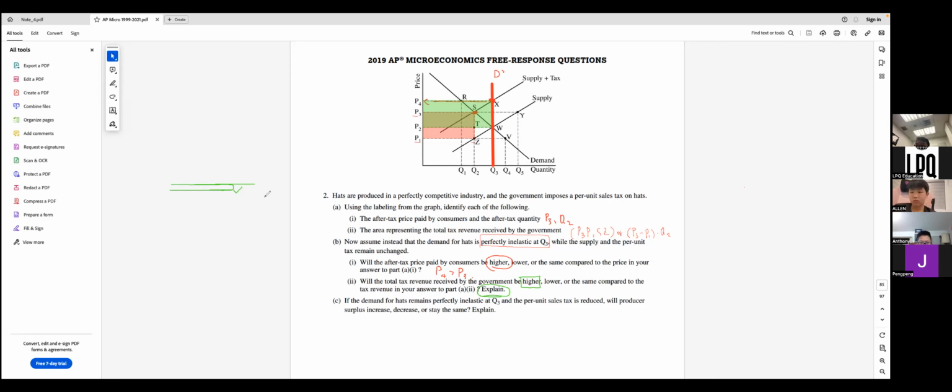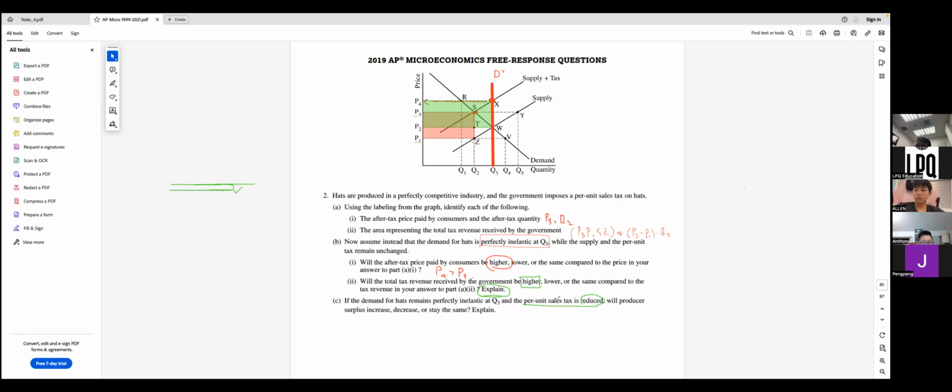And the last one. Last question, question C, actually asks you, is there any relationship between the size of the tax and producer surplus? The question asks about if the per unit sales tax is reduced.